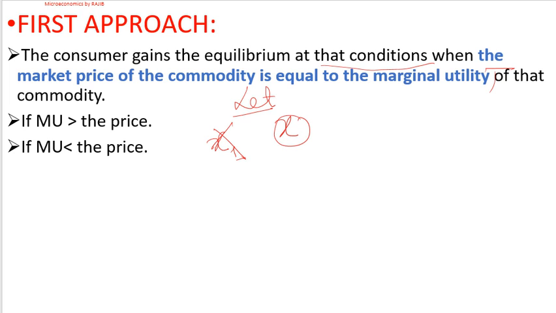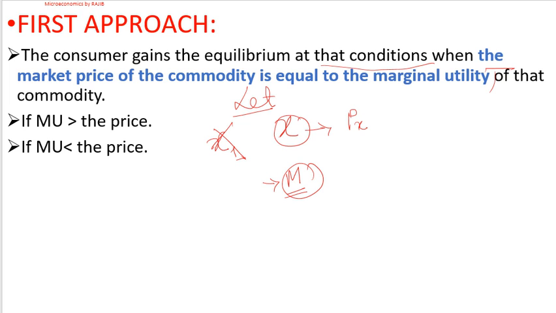This is our assumption, and the consumer has a fixed income, that is m. So the commodity x has a price, and you may say price of x.